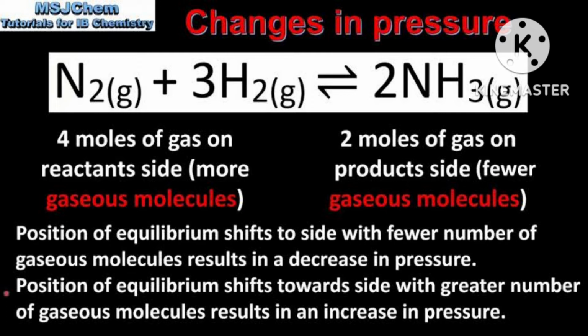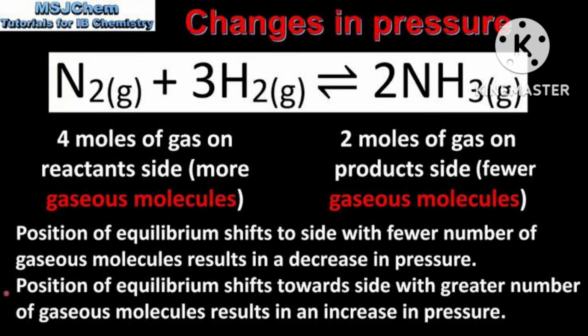When will volume decrease? When pressure will be high, only then volume will decrease. Keep in mind, the reverse case also: when pressure is high, then according to Boyle's law, volume will be less. If pressure is less, then volume will be more. The reverse case also you keep in mind.